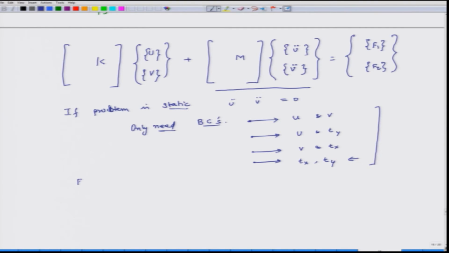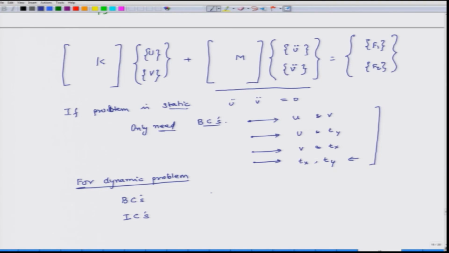For a dynamic problem, you not only have to know the BCs, but you also have to know the initial conditions. And what are the initial conditions?